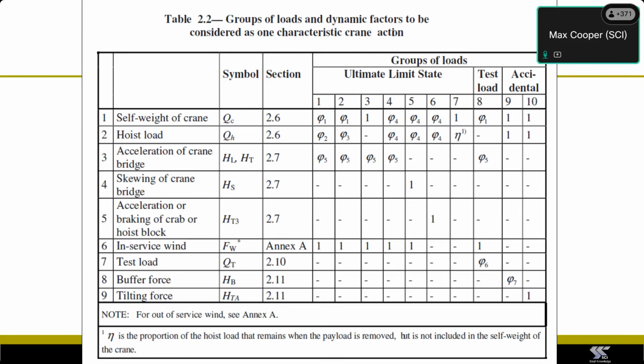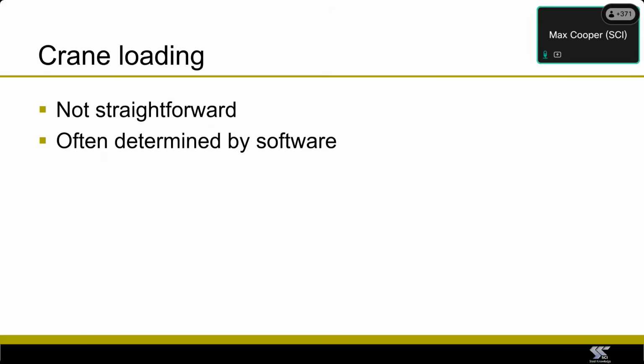If we go to table 2.2, we'll see how these different dynamic factors and different actions of the crane need to be combined. All is to say, it's quite complex. There's lots of different things to consider. Not straightforward by any means, and often you'd be better off using software to find the governing load cases.